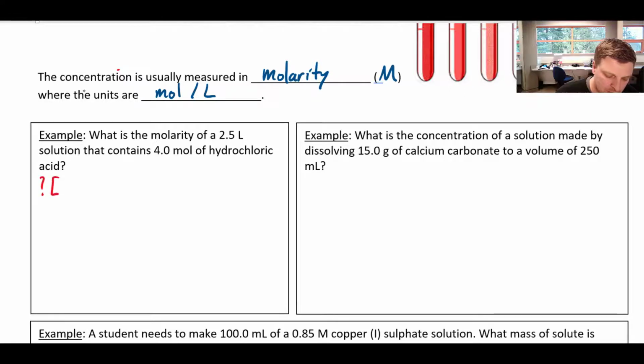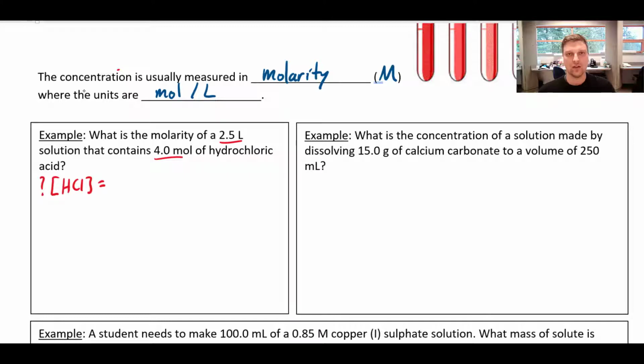So what is the molarity? What is the concentration of HCl? And then there's 2 bits of information I'm given here. I'm told both the volume and the moles. So I have to decide which one of those I'm going to start with first. Well, we know that when we're doing mole conversions, we always are trying to get into moles. That's like our starting point.